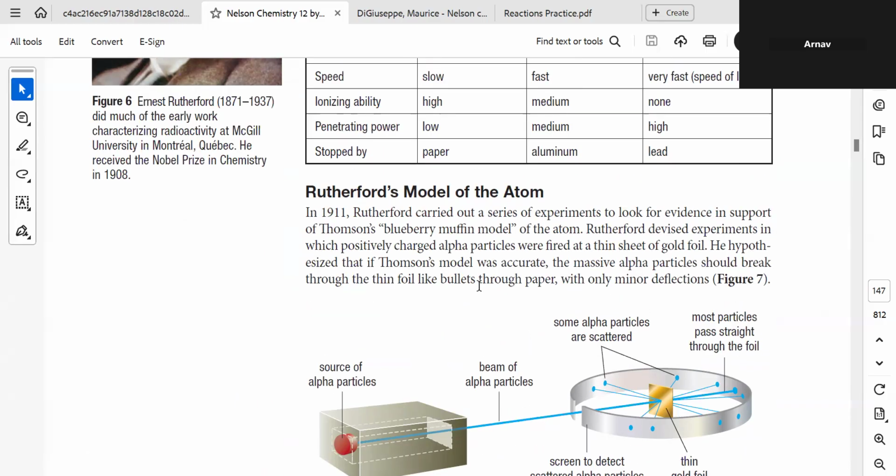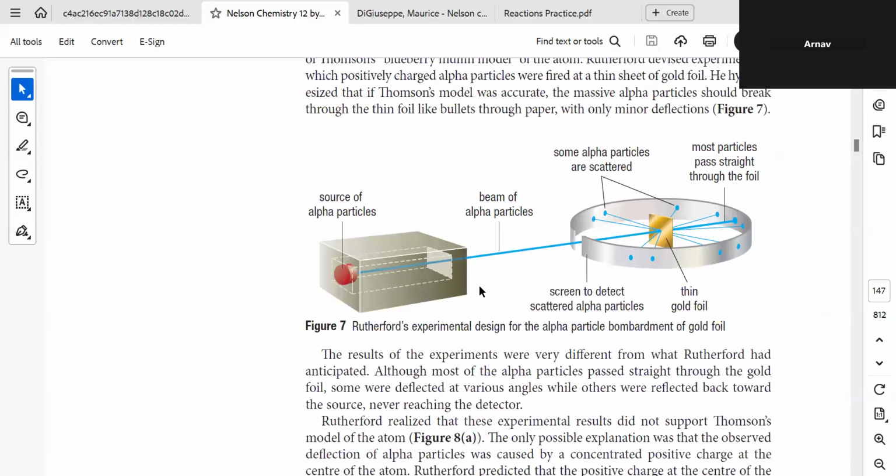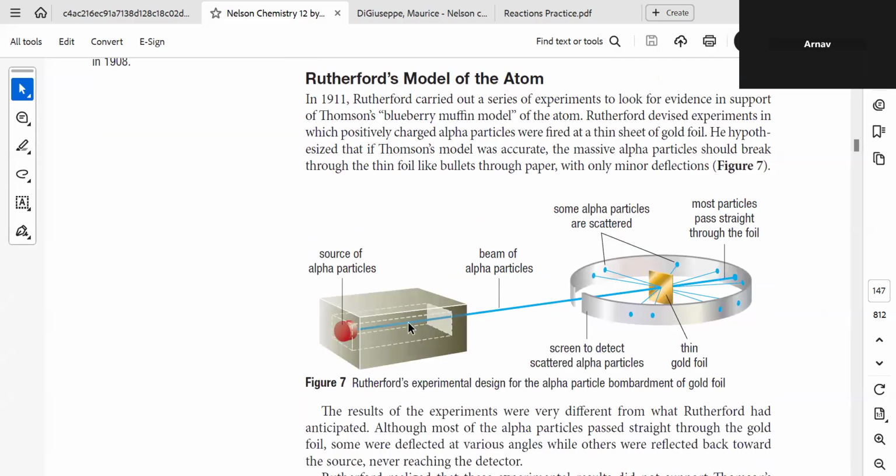So what did Rutherford do? Rutherford took the radioactive element and put it in a lead box. That lead box is like a protective cover, so the radioactive elements are allowed to pass only through this opening. Can you see there is an opening over here?